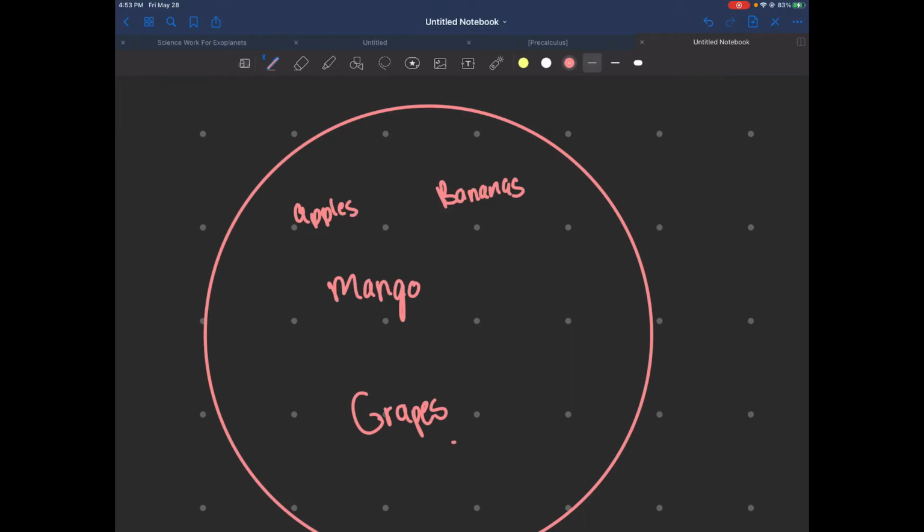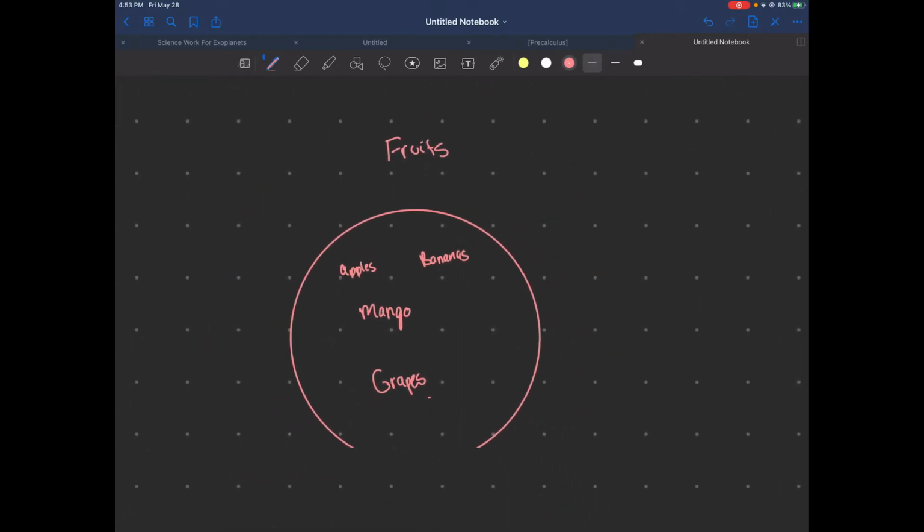Now, all of these are subgroups of fruits. So apple belongs to fruits, bananas does, mango does, and grapes does.